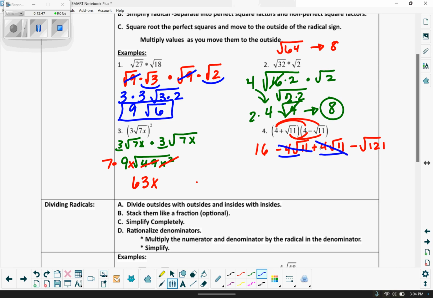They both are radical 11s. So negative 4 radical 11 and plus 4 radical 11 cancel each other out. So I'm left with 16 minus the square root of 121. Double check yourself: the square root of 121 is in fact 11. So then I'm going to have 16 minus 11, which happens to be 5.